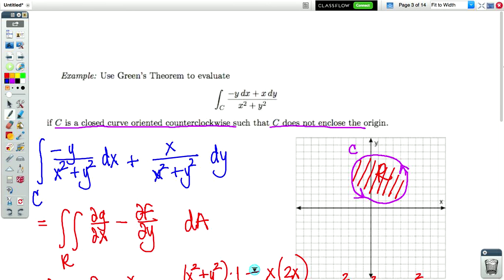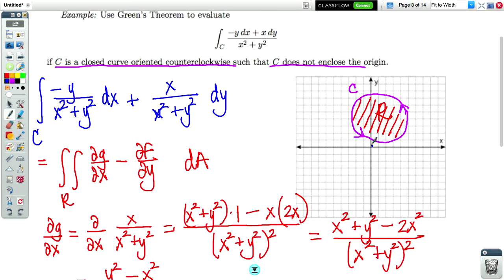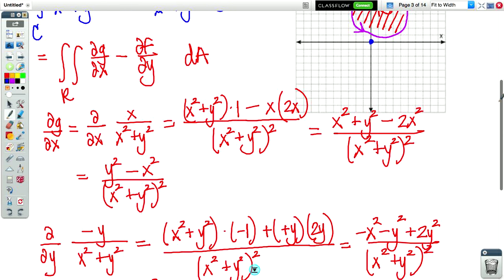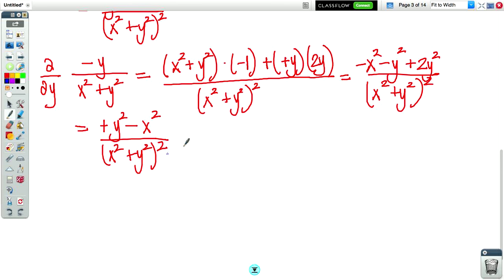Taking a break from what we're doing really quick, that's why this can't enclose the origin, because both of these partials have x squared plus y squared on the bottom, and if we included the point 0, 0, that would break the continuity of these partials. So that's why it's important in the problem that it says any curve that doesn't enclose the origin. If it did, it sort of breaks the entire Green's theorem situation, and we can't use it anymore. But as it is, there's no problem with continuity here.